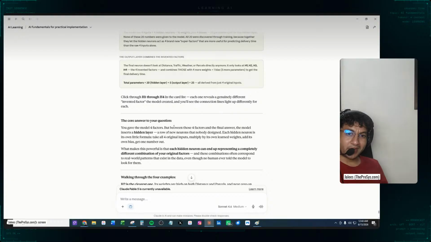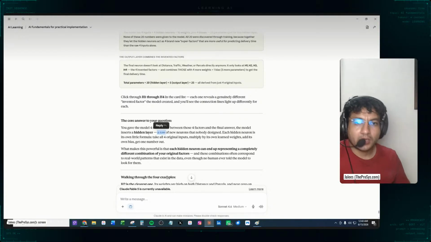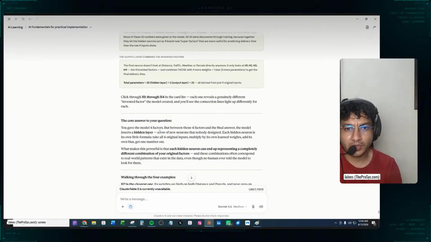We can say the hidden layer is a row of new neurons that nobody designed. Each hidden neuron is its own little formula. Take all four inputs, multiply by its own learned weights, add its own bias, and get one number out.